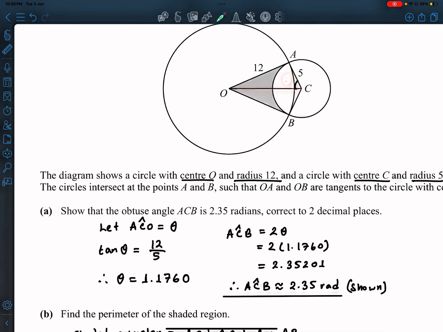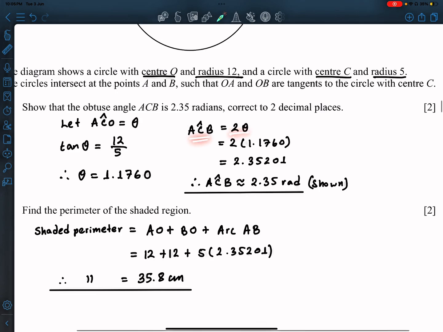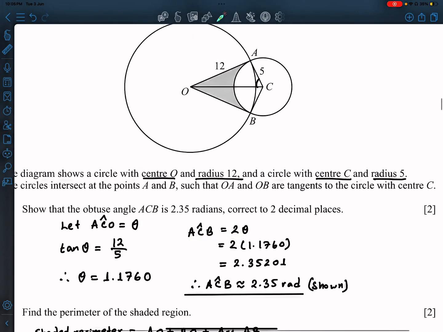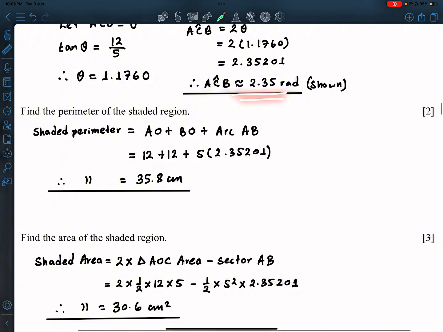And we can use tan theta, which means opposite, which is 12 centimeters, over adjacent, which is 5 centimeters. And we find theta to be 1.1760 radians. Therefore, ACB is equal to 2 times theta. That we know from symmetry. So 2 times 1.1760 gives you 2.35201. Therefore, ACB equals 2.35 radians.